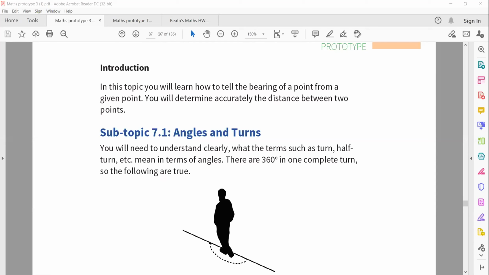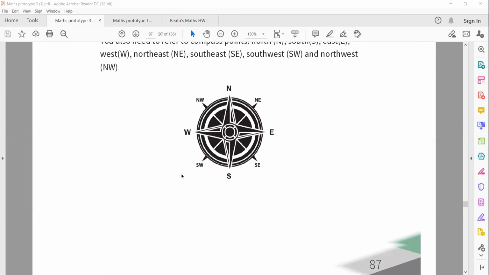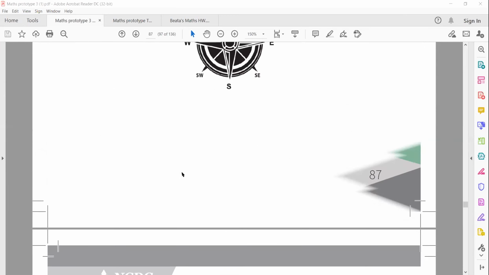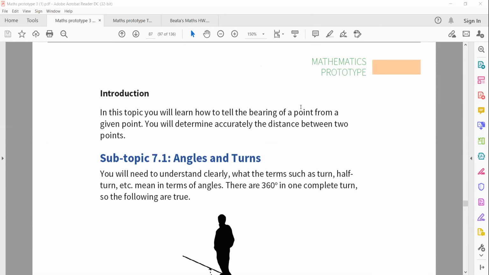Okay, so we have this introduction of the topic, and we are saying that in this topic, you will learn how to tell the bearing of a point from a given point. So we shall be given some tasks, and we shall be able to get the bearings of different places, as we shall see.